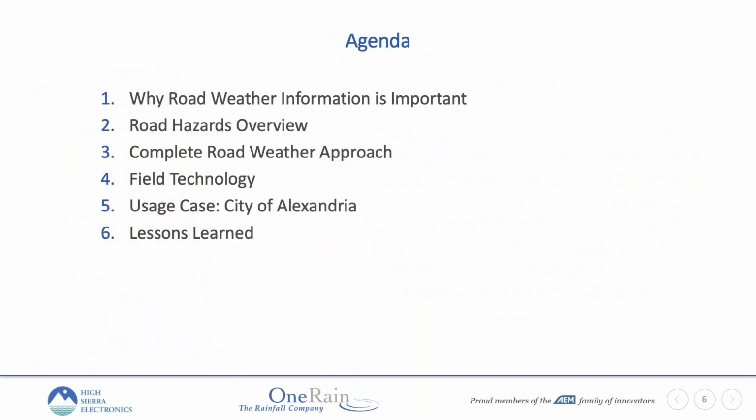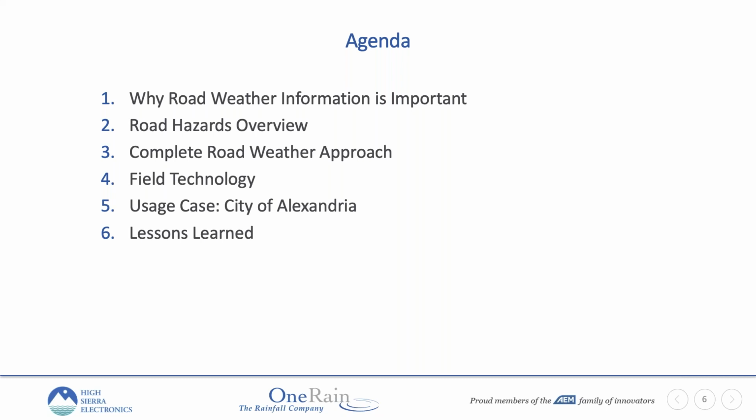So just a little agenda about what we're going to be covering. Again, we're focusing on getting that complete hazard view for all the weather hazards that might impact roads. So we'll start off with, first off, why is road weather information important, and an overall road hazards overview.